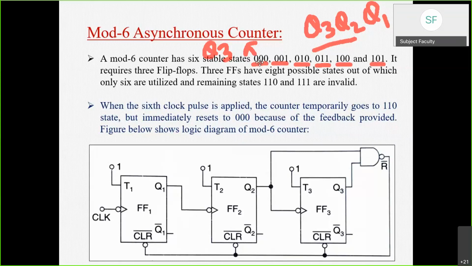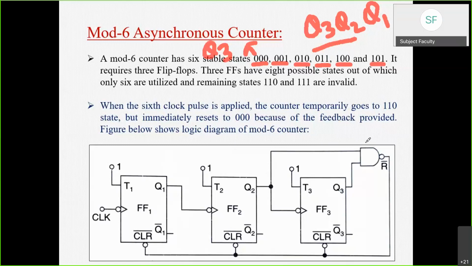Here observe, both are 0. Again both are 0 here. Here Q3 is 0. Again here Q3 is 0 and Q2 is 1. Just observe the first 2 bits. Then here Q3 is 1 and Q2 is 0.